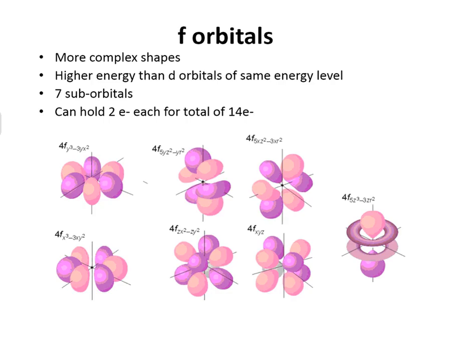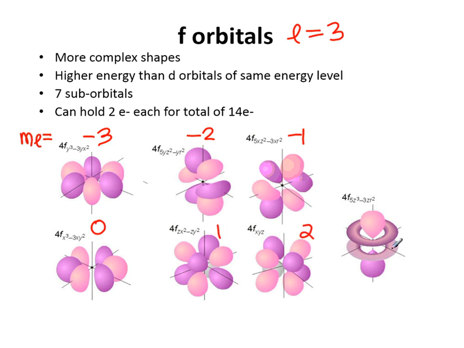Lastly, you've got the f orbitals. This was L is equal to 3. ML values go from -3 to +3. -3, -2, -1, 0, 1, 2, 3. 7 different values for 7 different orbitals.